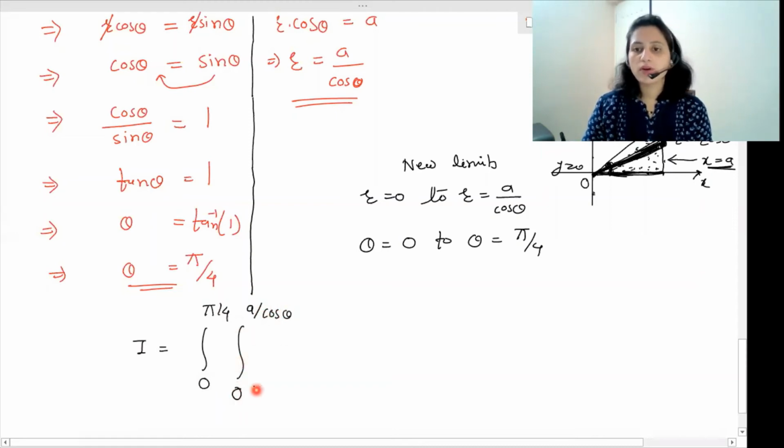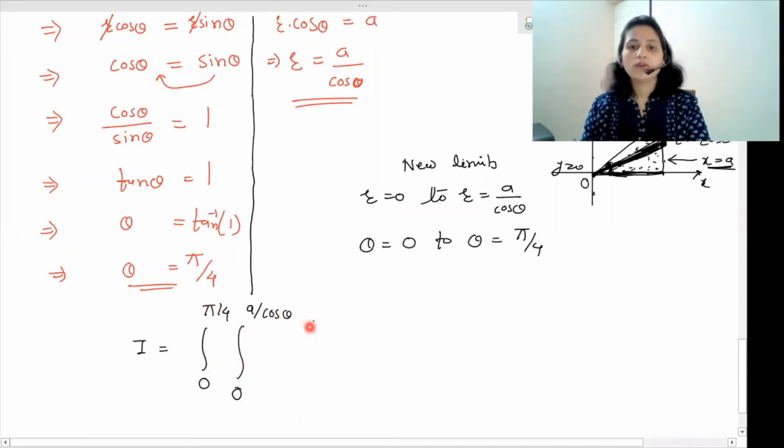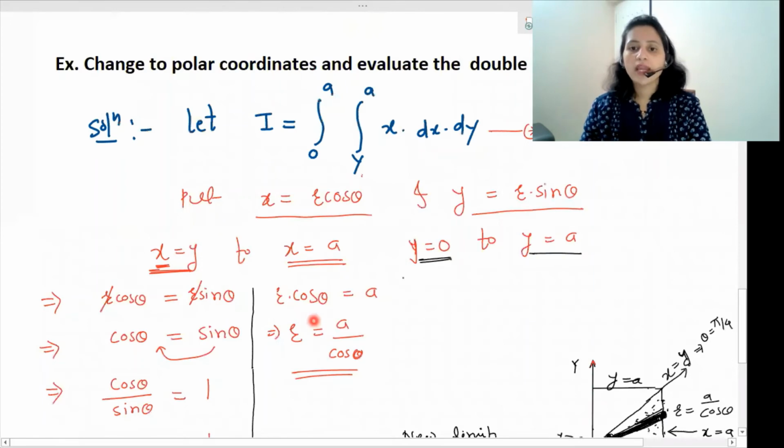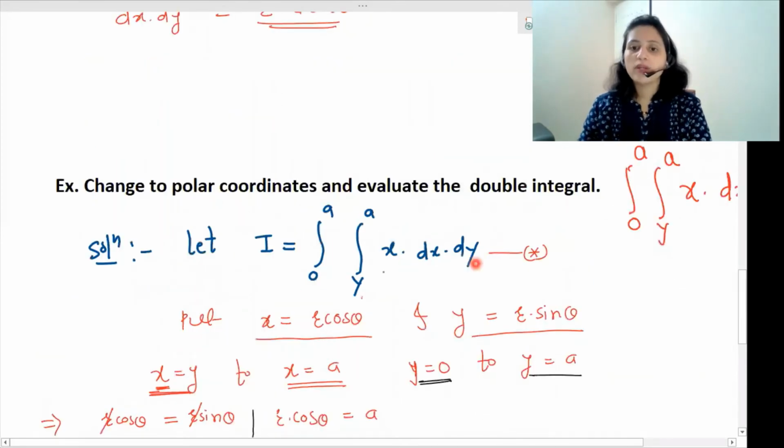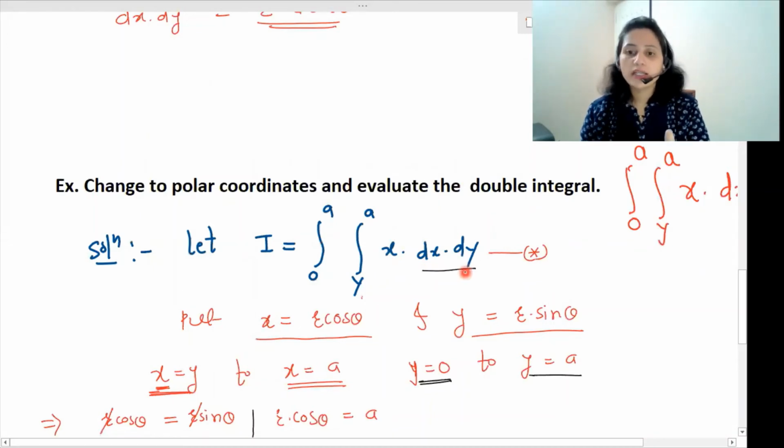These are the limits for r and this is the limit for theta. Now what is our example? x cos x dx dy. In place of x, we have to substitute x equal to r cos theta. And the value of dx dy is equal to r dr d theta.